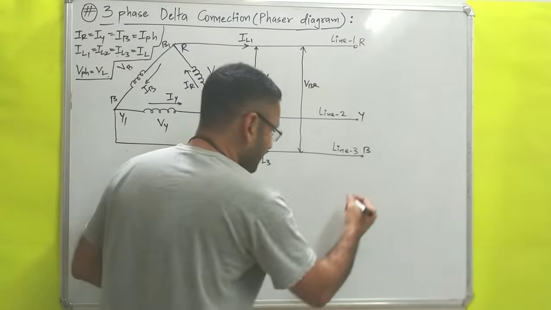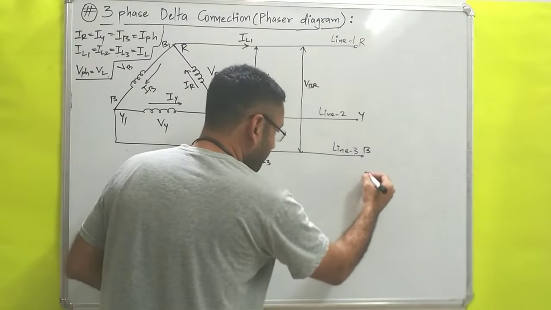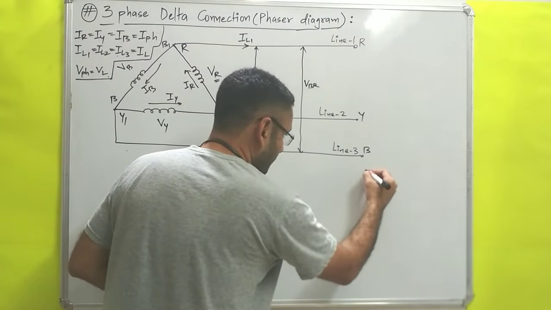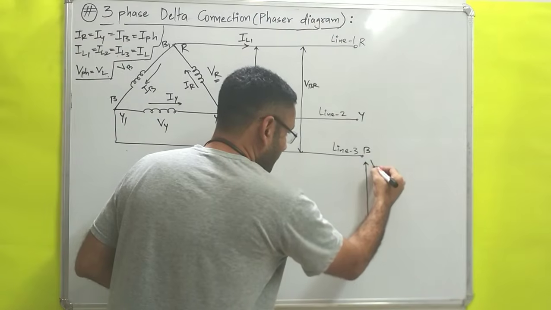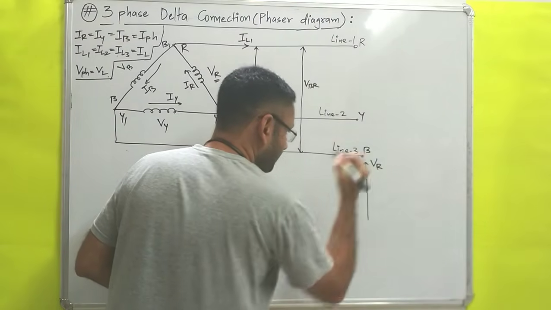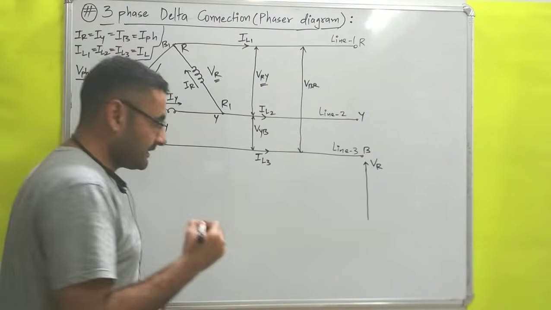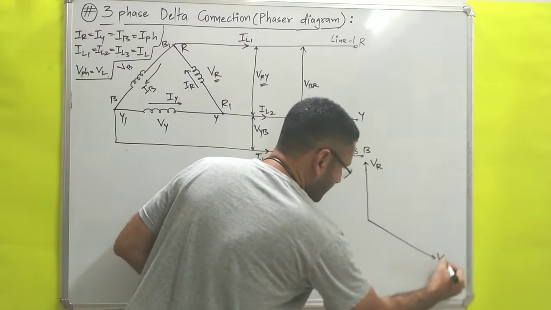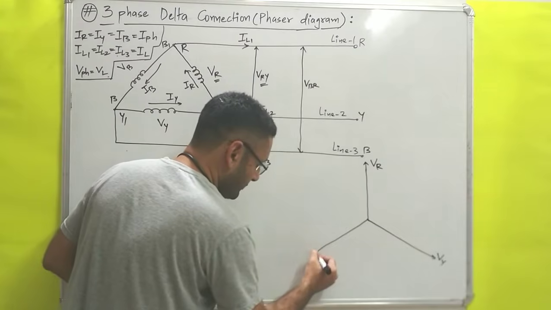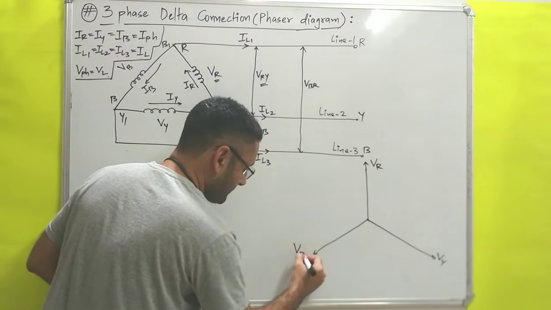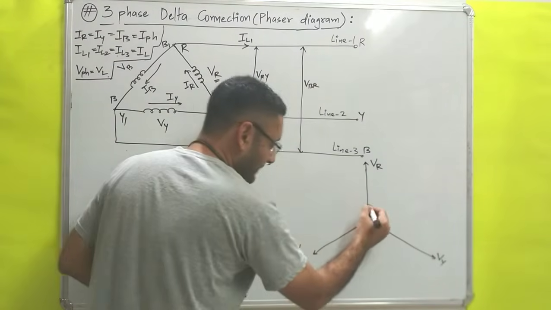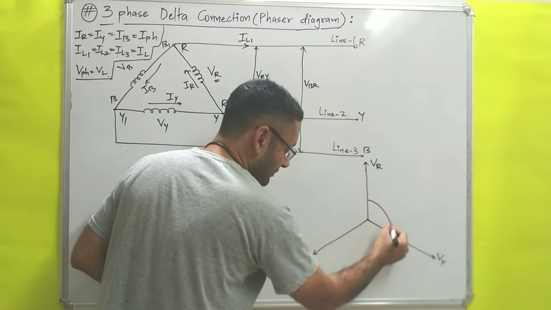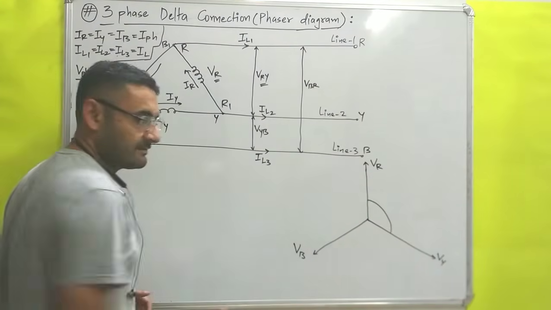So if I want to draw, first I will draw VR, that is the phase voltage. Then I will draw Vy, and last Vb, at an equal angle of 120 degrees: 120, 120, 120.